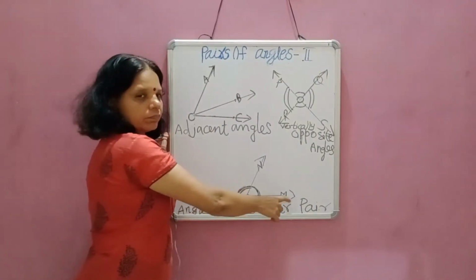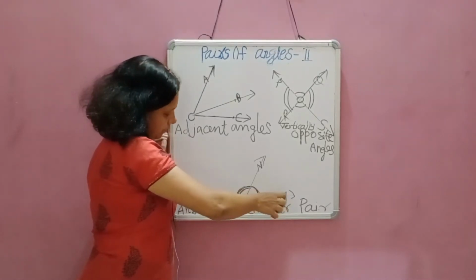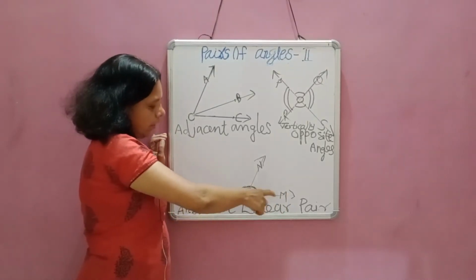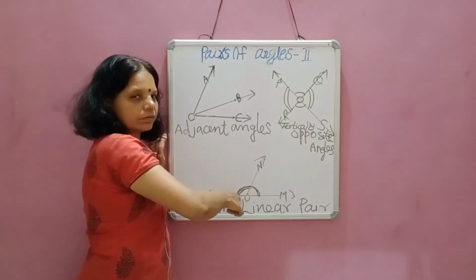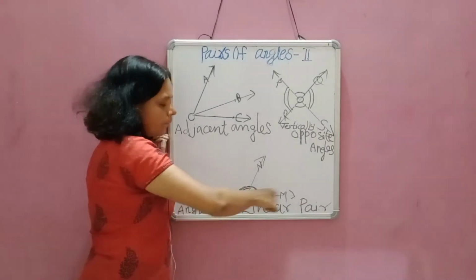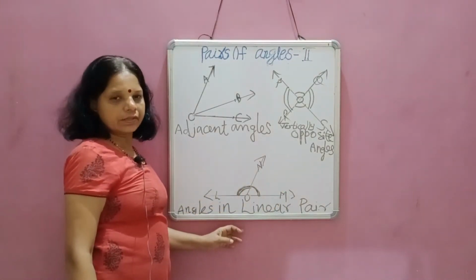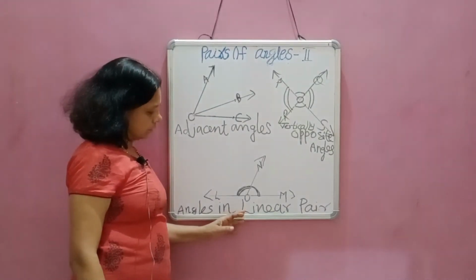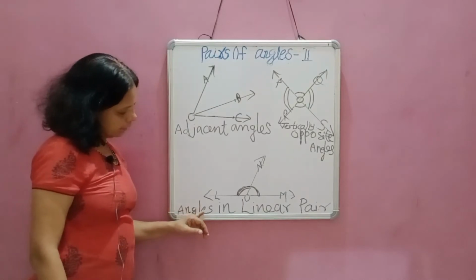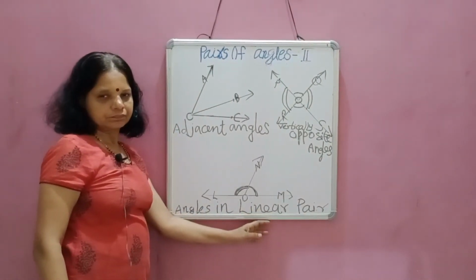The uncommon sides, ray OM and ray OL, they form a line or a pair of opposite rays. We know that a pair of opposite rays forms a line.